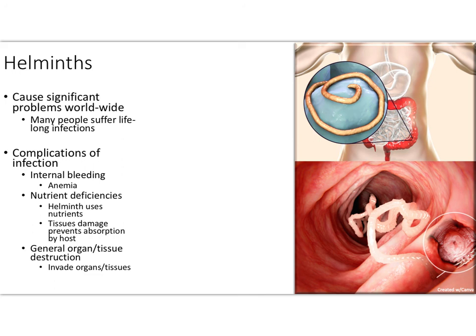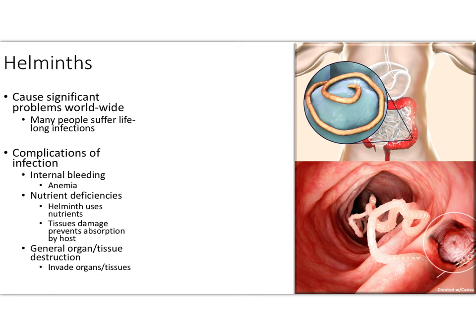One of the reasons that this may happen is that helminths oftentimes have some kind of special structure, like a hook or a barb, that allows them to dig into our tissue and stick there. And as a result of digging into that tissue, we start to bleed a little bit.